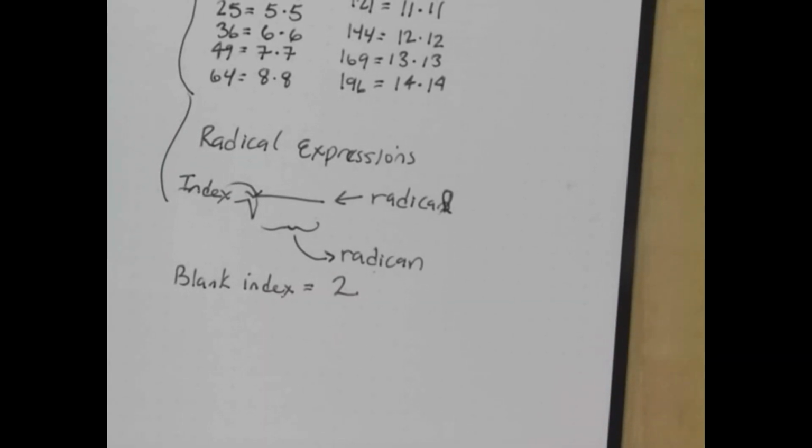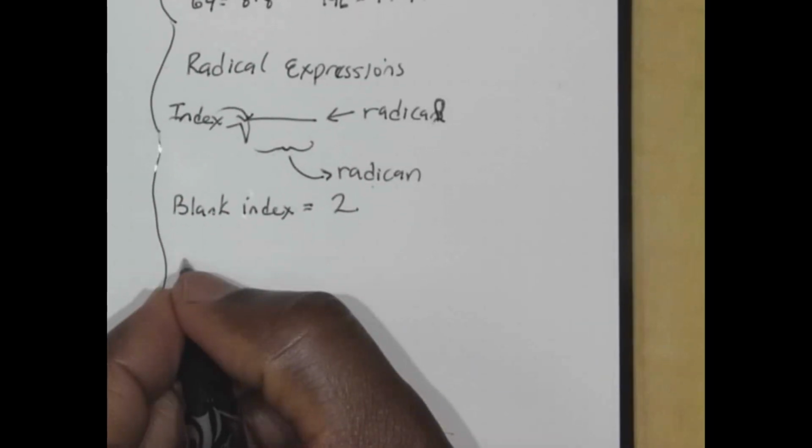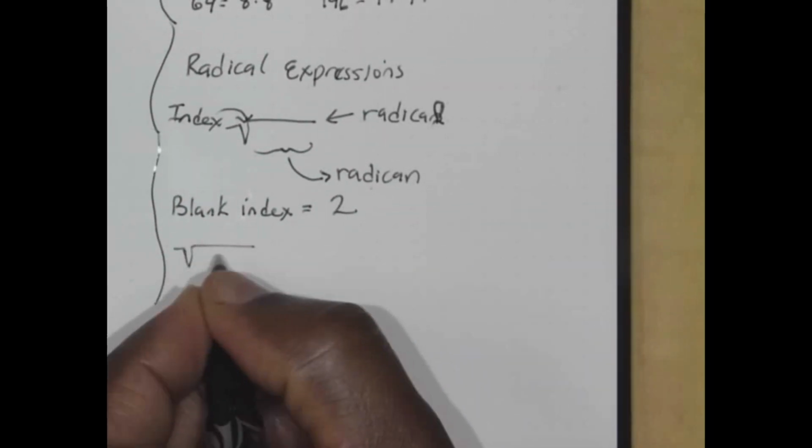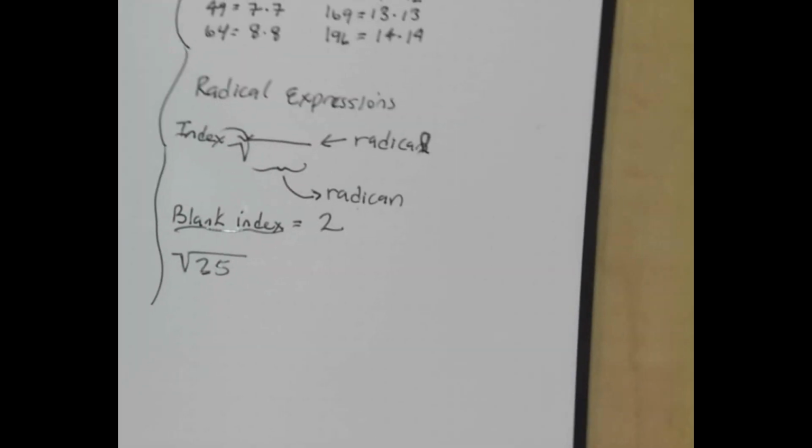Now, the way it goes is, whatever your radicand is, when you factor, if you find 2 of the factors that are the same, a number in itself, that number comes out. For instance, when we did the square root of 25, what's the index? 2.